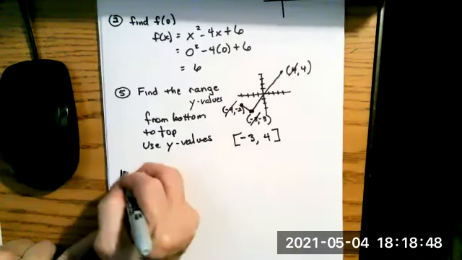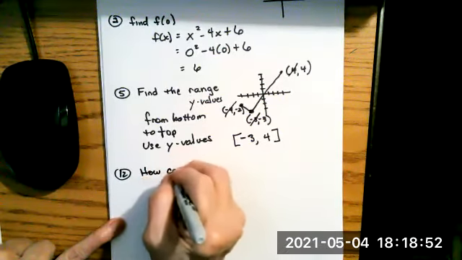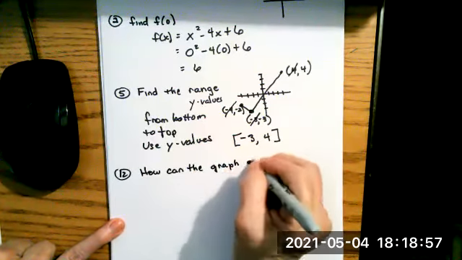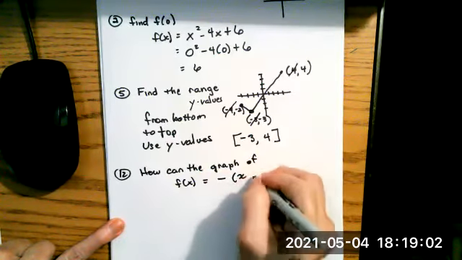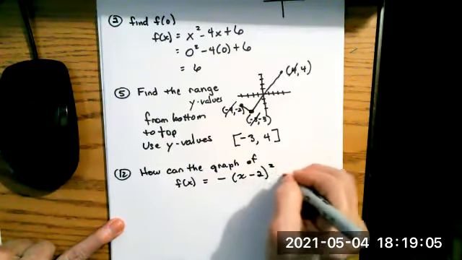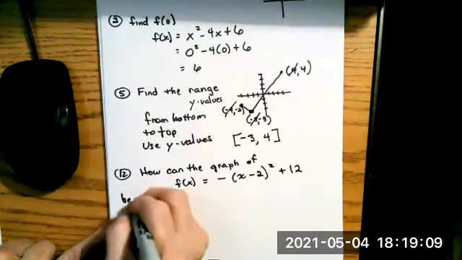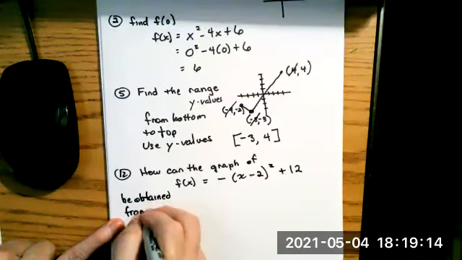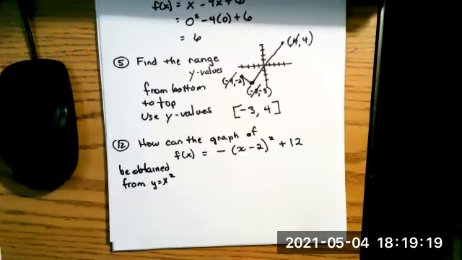Okay, the next one is number 12, and it says, how can the graph of f of x equals negative x minus 2 quantity squared plus 12 be obtained from y equals x squared? So you're looking for shifts. That's what you're looking for.